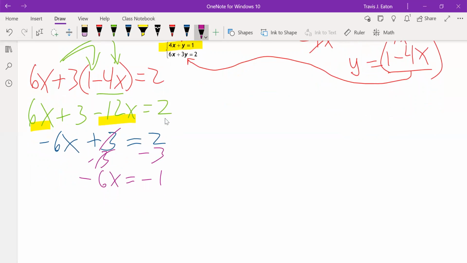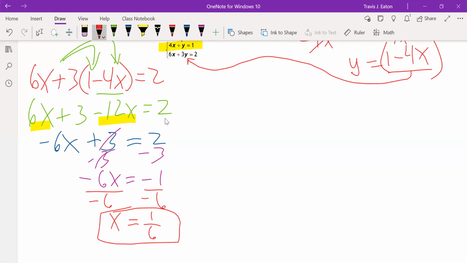Next step would be to divide both sides by negative 6, following my algebra rules. And I get x equals negative 1 divided by negative 6 is 1/6. And I'm going to leave that as a fraction, because I know that's going to be a repeating decimal if I do anything else with it. But I have solved for x.